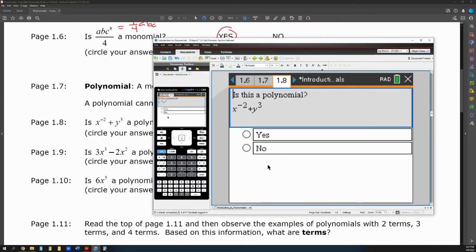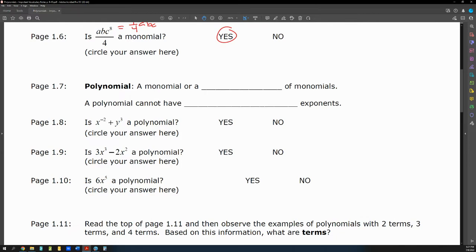Is this a polynomial, x to the -2 plus y cubed? The answer, no, this is not a polynomial. This has a negative exponent. Oh, we've got to fill in our blanks. A polynomial is a monomial or a sum of monomials. A polynomial cannot have negative exponents. There we go.